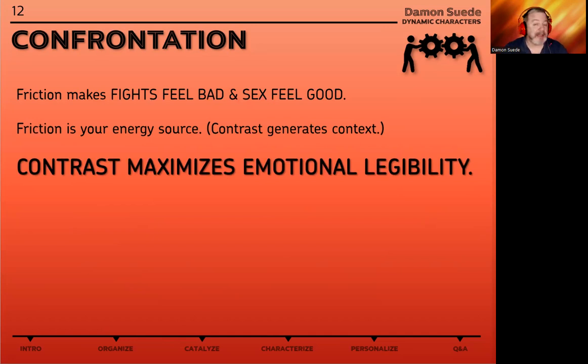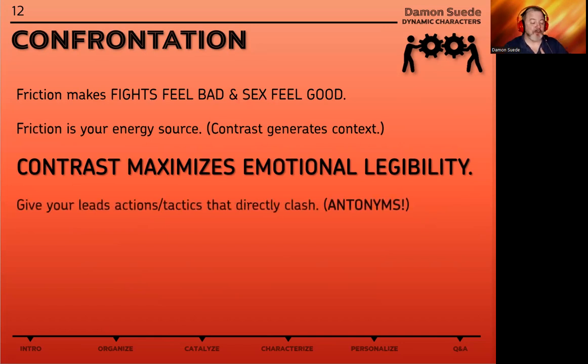It lets players know where they are in your game and what matters and what doesn't matter and what's important and what's not important. That means when you're casting your visual novel, you want to give your leads actions and, of course, tactics that directly clash. The simplest way to do that is to give them antonyms, right? If you have a character that provokes, then you want to have another character that protects.